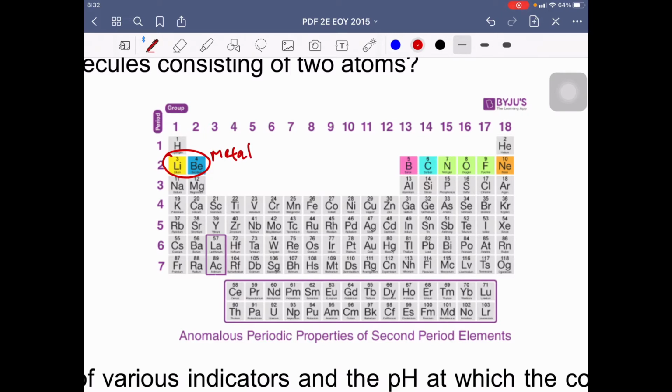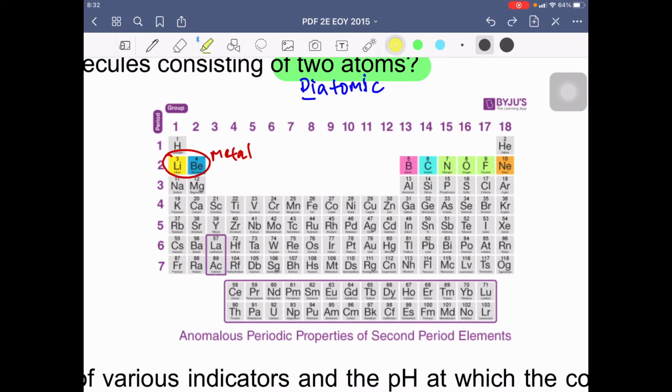For the other elements over here, we want to know which elements naturally occur as molecules consisting of two atoms, which means diatomic. The word di means two, so diatomic. This is something factual you need to remember. Only these few.